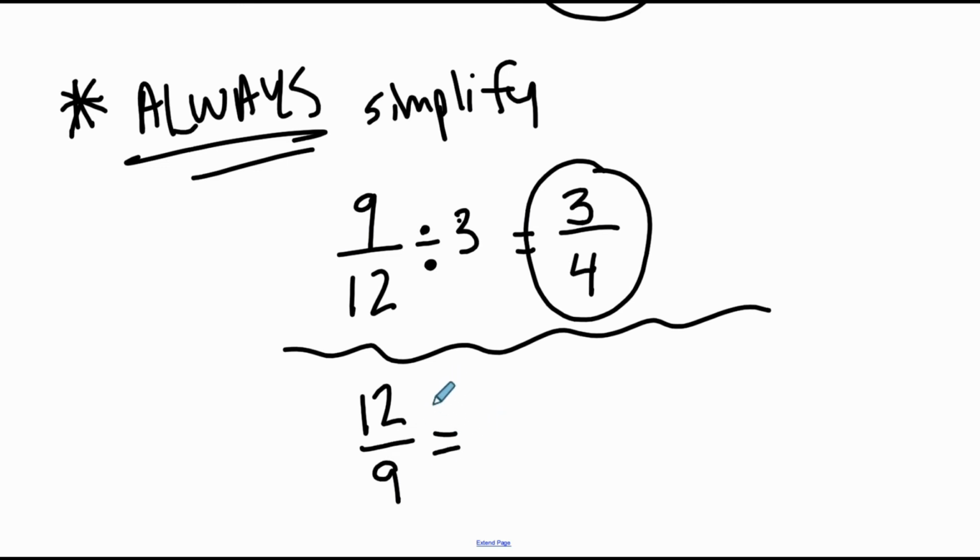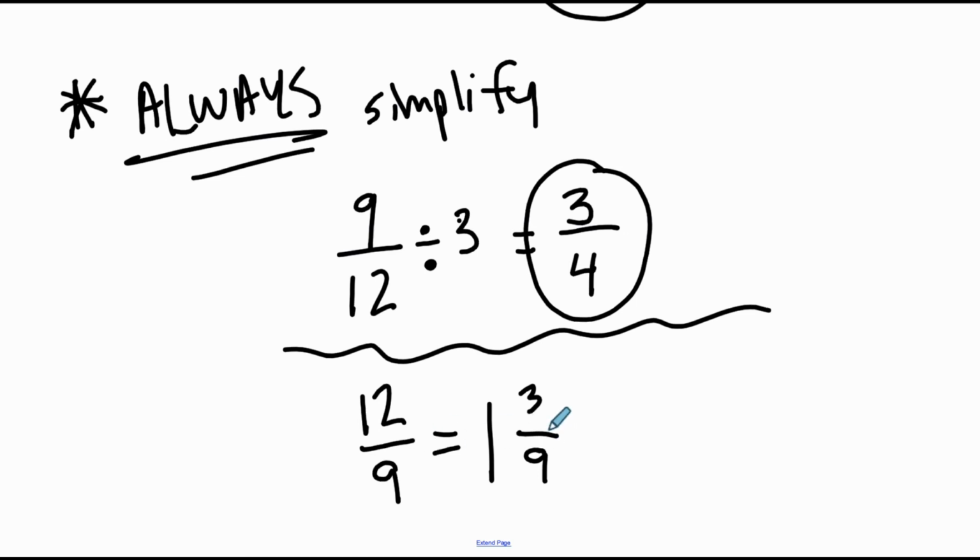The way you should do that is first turn this into a mixed number. How many times can 9 go into 12? 1. So there's one whole here, plus 3 left over. So 12/9 can be rewritten as 1 and 3/9.